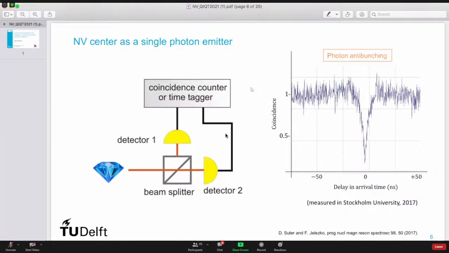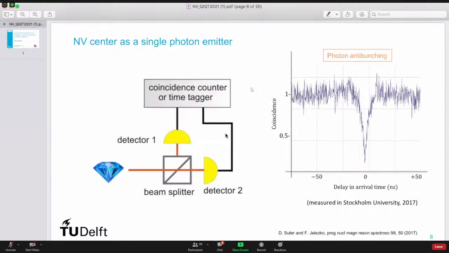So what is done? The signal from one detector is used as the start, and then the other detector. Whenever there is a signal in one detector, it registers that event and then waits for a stop signal from the other side. Whenever it detects another signal from the other side, it registers that event and counts it as a coincident count.